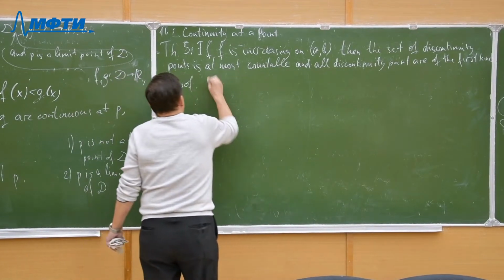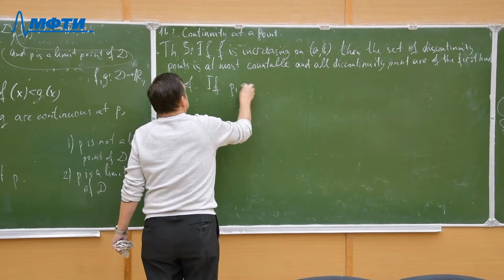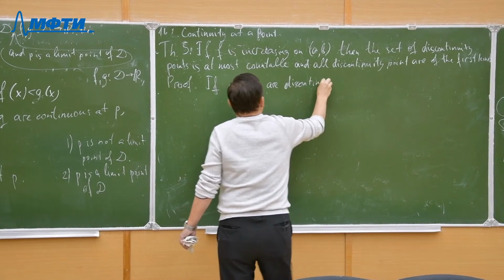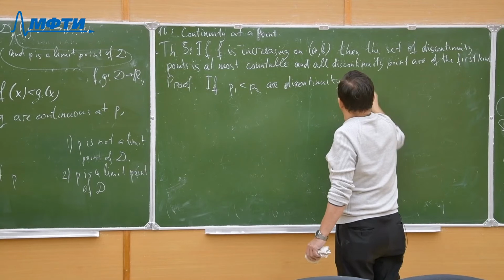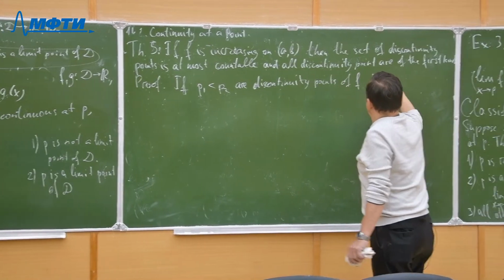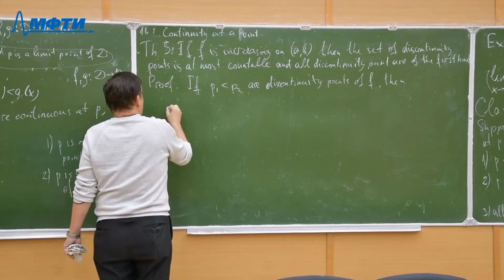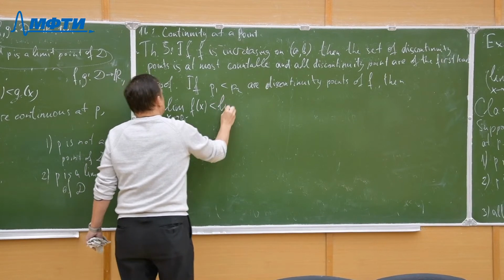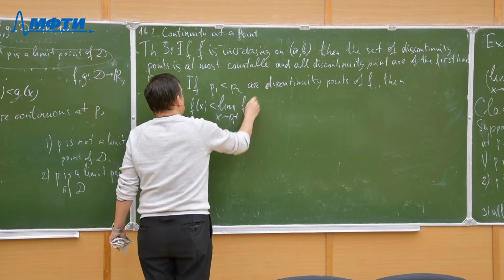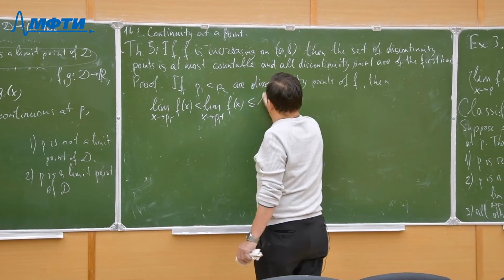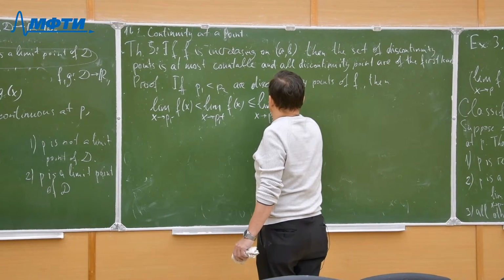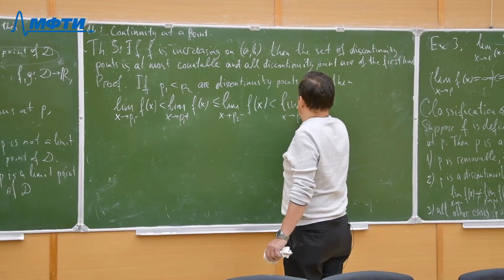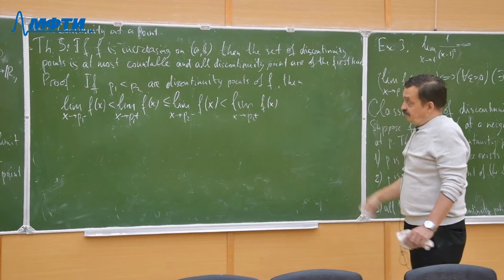Because if P1 less than P2 are discontinuity points of f, then the limit as x tends to P1 minus of f of x is strictly less than the limit as x tends to P1 plus of f of x, less or equal to the limit as x tends to P2 minus of f of x, strictly less than the limit as x tends to P2 plus of f of x. It follows from monotonicity.